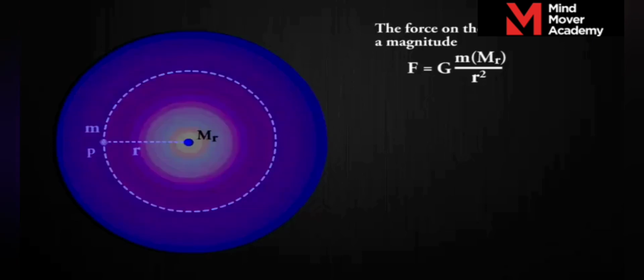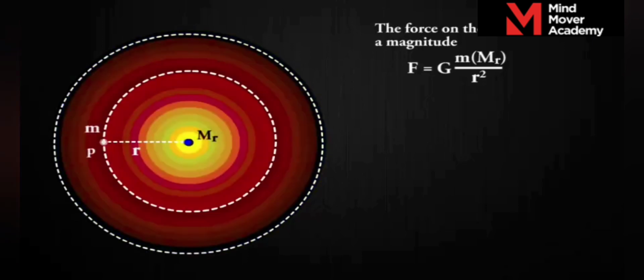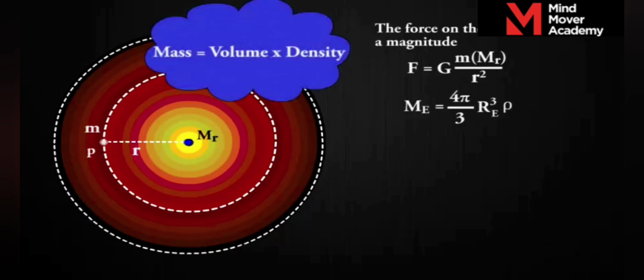We assume that the entire Earth is of uniform density and hence its mass is Me is equal to 4 pi upon 3 Re raised to the power 3 rho.